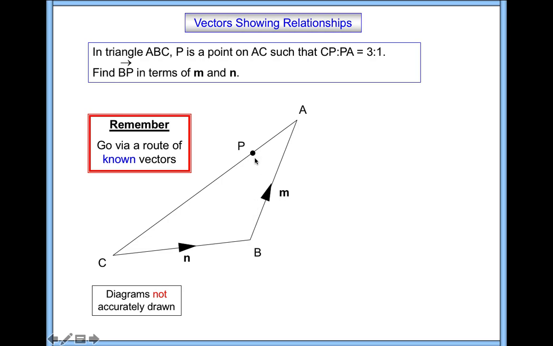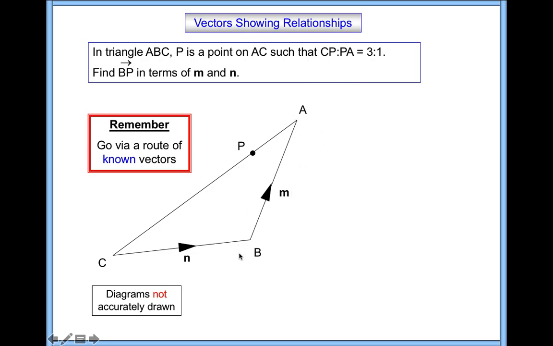That means you need to draw a line to join B to P. That means if the line AC is divided into 4 equal parts, CP is going to be 3 out of the 4 parts, and PA is going to be 1 out of the 4 parts.